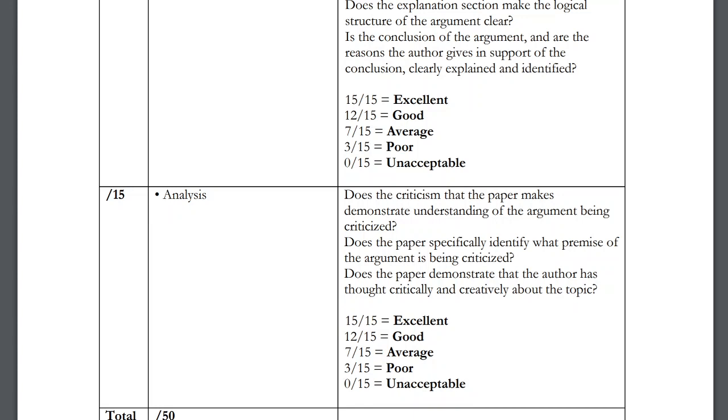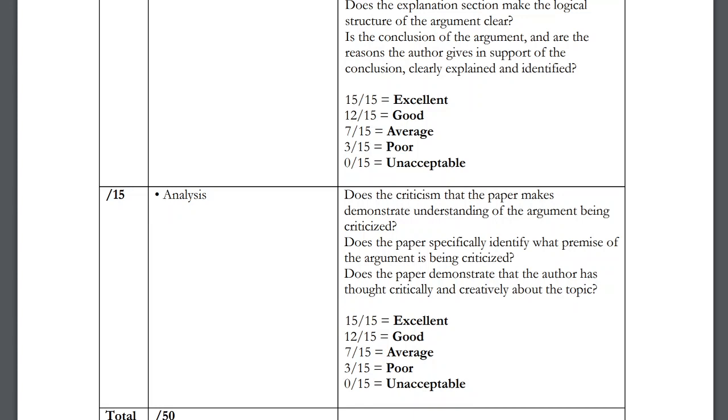So if you don't get a top grade on the analysis section, or you don't get as high as you would like to, it doesn't mean you did a bad job, but you should really look at this as an endeavor, an improvement over the course of the semester. And again, that's one thing I'm looking for. So I would really encourage you to take feedback on the papers and try to improve in the future, and not get too caught up if the first grade isn't one that you're necessarily happy with.